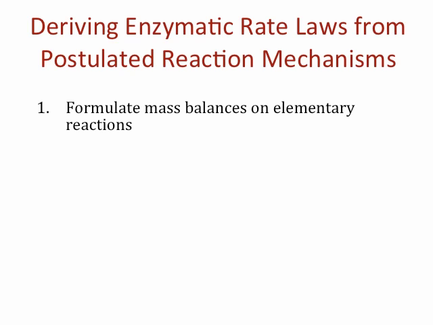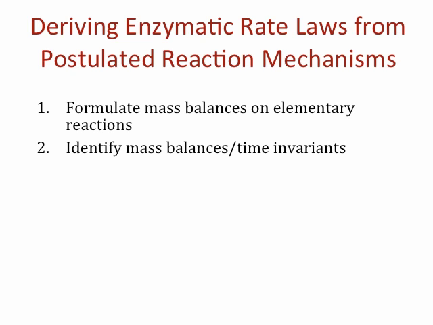First, we start with a postulated reaction mechanism on which we formulate dynamic mass balances on all the elementary reactions found in that reaction mechanism. And we'll go through examples of these. We then find the time invariants, or the mass balances, things that don't change with time.